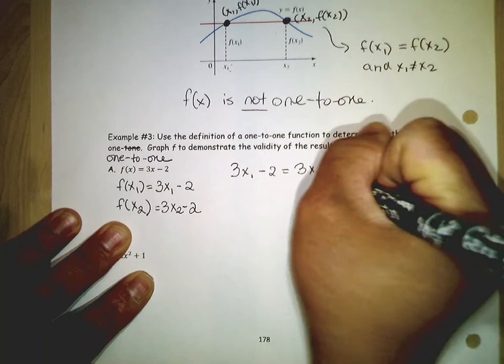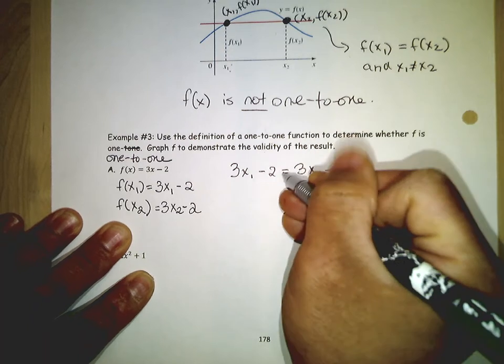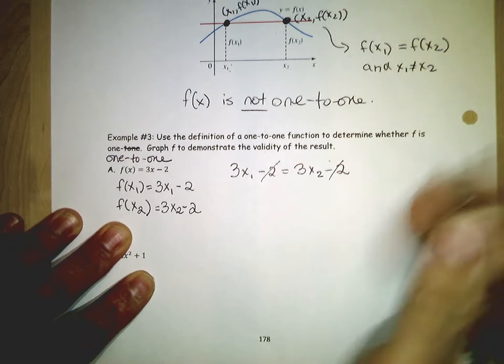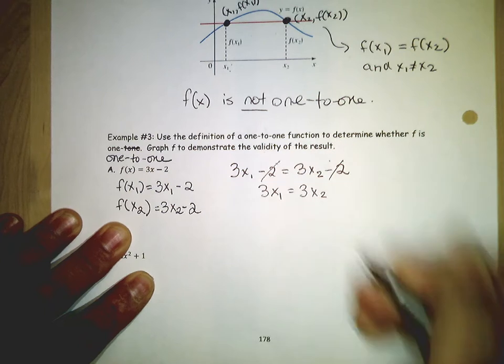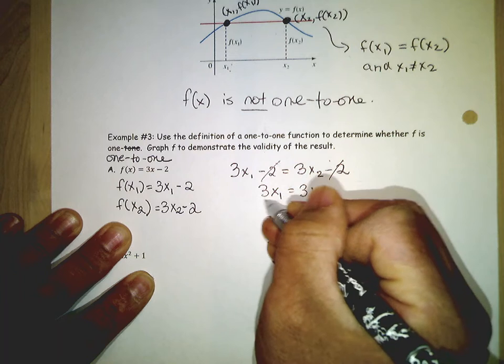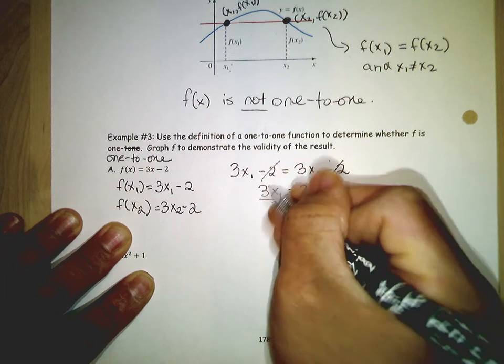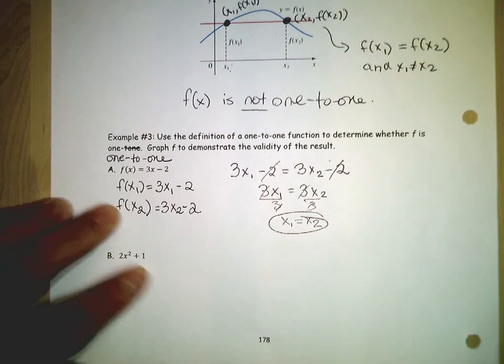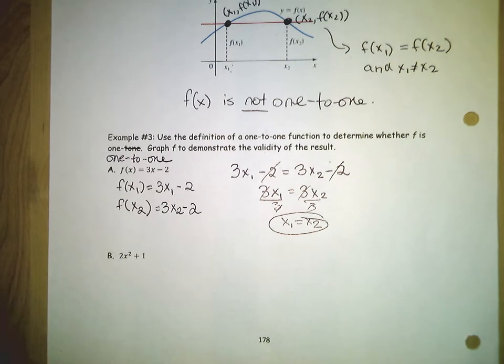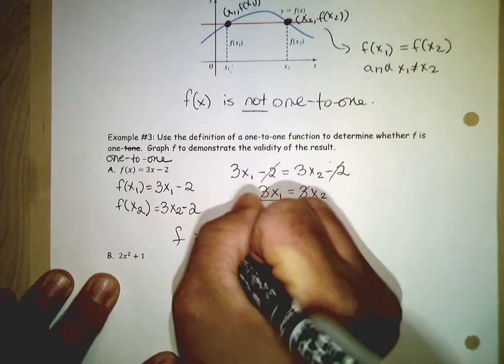If we do that, we add the 2 to each side, so 3x1 equals 3x2, and then divide by 3 on each side. So we have x1 equal to x2. So if f of x1 equals f of x2 forces x1 to equal x2, then f is one-to-one.